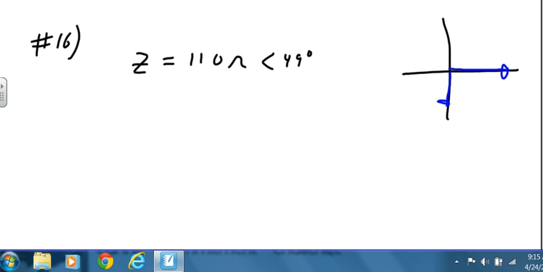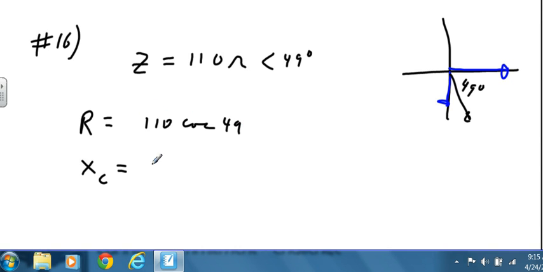I want to find the resistance and the capacitive reactance. The resistance is 110 cosine 49, and the capacitive reactance is 110 sine 49. We wouldn't put in a negative number there, because we just say the capacitive reactance goes the other way.